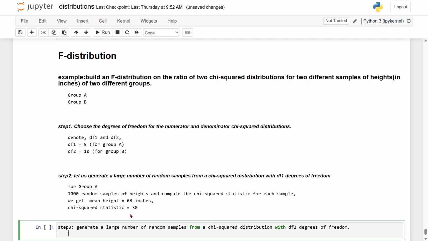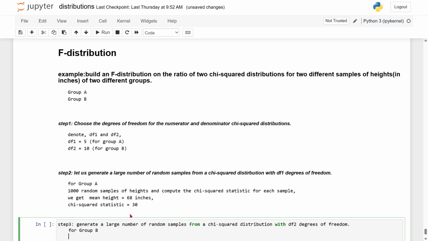Okay, so now this is for group B. Again, let's say we generate 1000 random samples of heights and compute the chi-squared statistic.